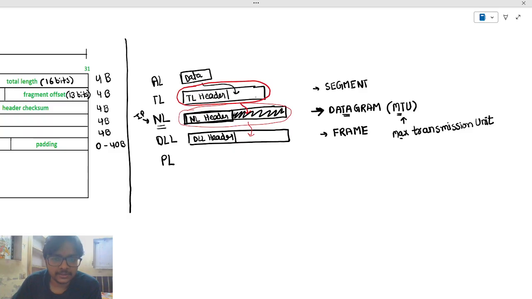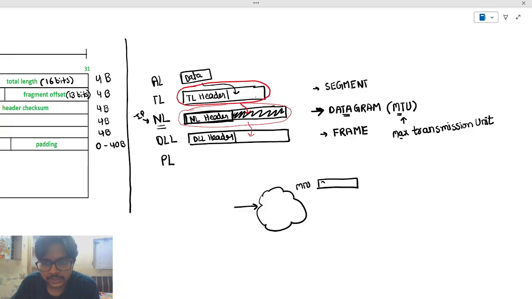Now what does it mean? Suppose this is your network. So this network has a MTU with itself. For example, it says that I can accept only 200 bytes of data at network layer.